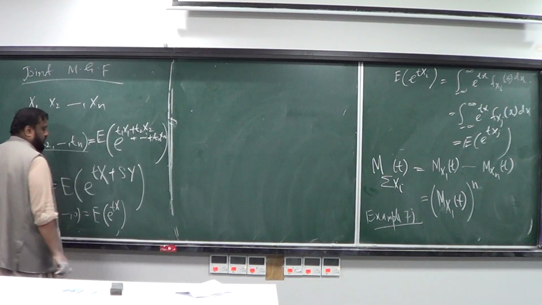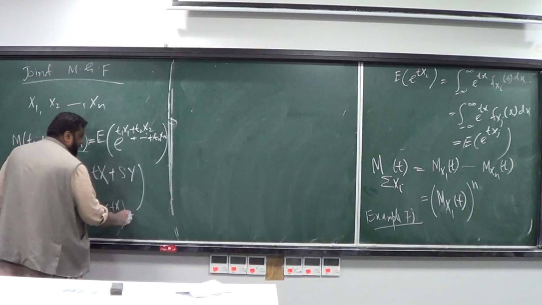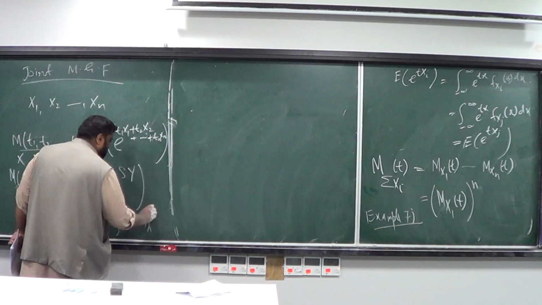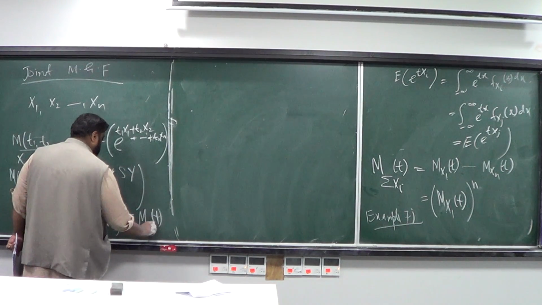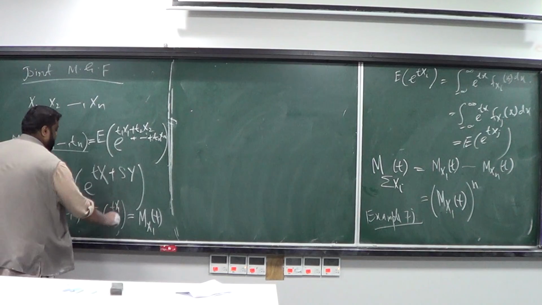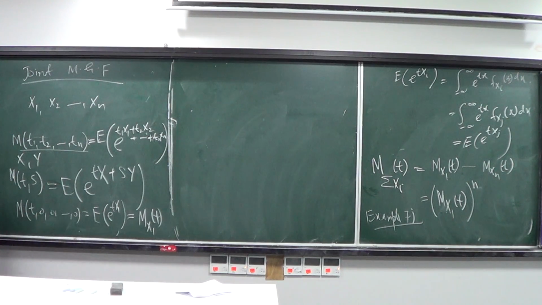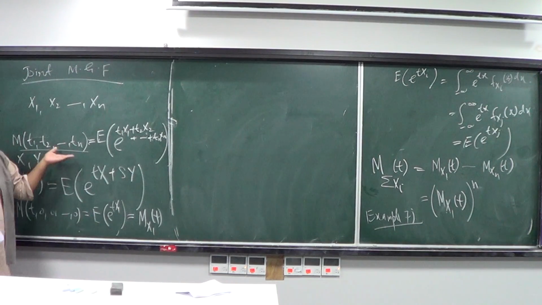So it's going to be the expectation of e to the t x, and the expectation of e to the t x is the moment generating function of x1. Similarly, you can compute the moment generating function of any random variable if you know the joint moment generating function.